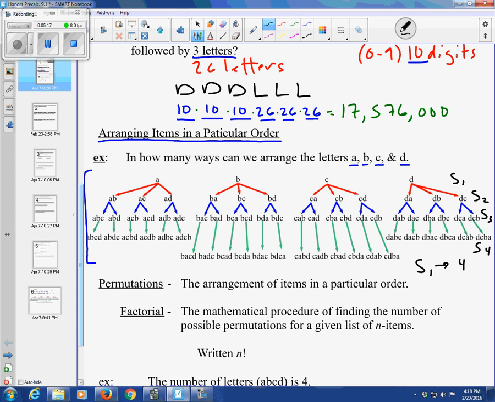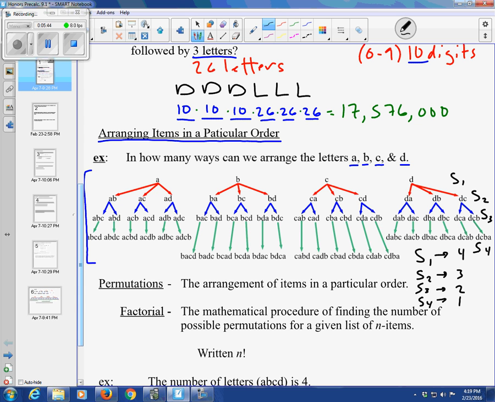We've got 4 letters to choose from first. Now, after we've selected that first letter, in stage 2, we only have 3 ways for our second stage to happen. Then right here, in stage 3, we've only got 2 letters to choose from after we choose our first 2 letters. And finally, in stage 4, we really only have 1 letter for that last stage.